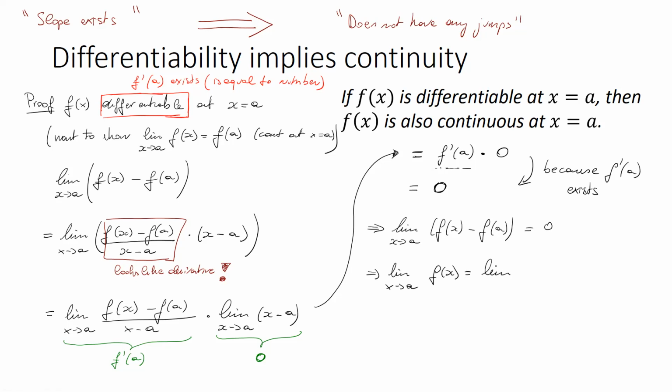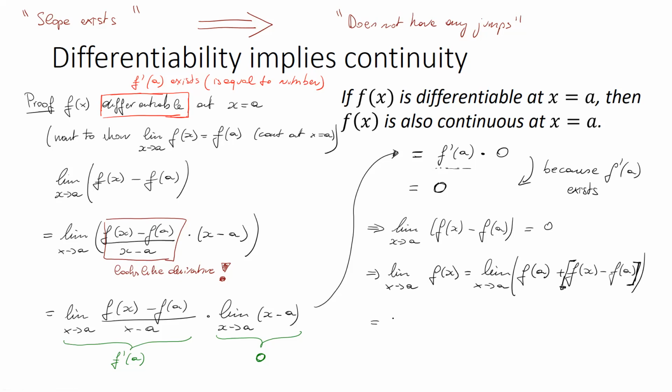Well, we can write this as the limit of f of a plus f of x minus f of a. And I'm going to put the brackets here so that you see where I'm trying to go with this. So I haven't changed anything. I've just written f of x as f of a plus f of x minus f of a.